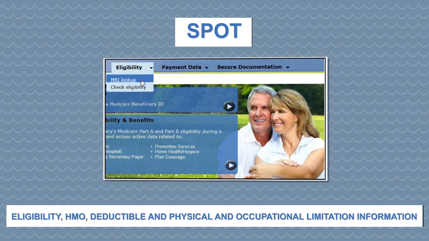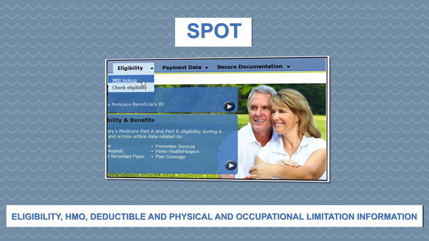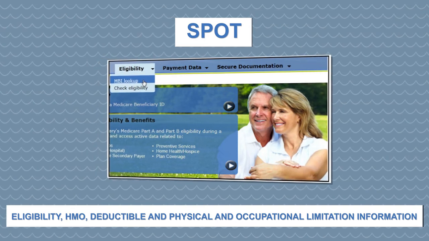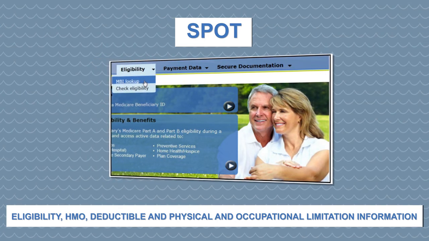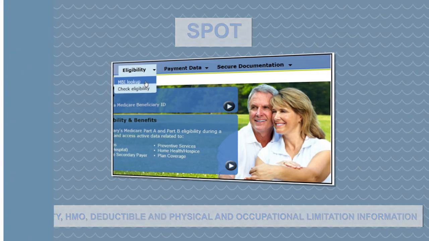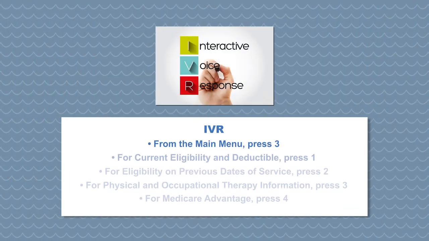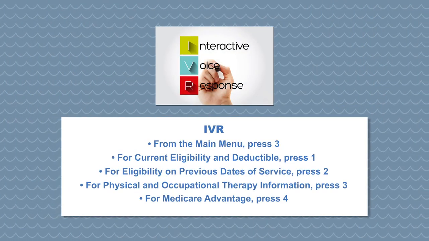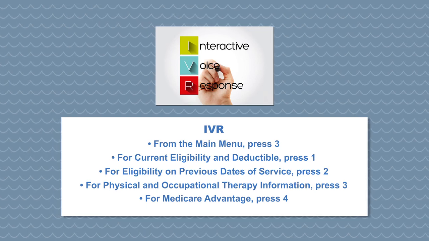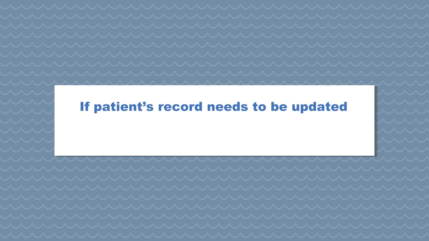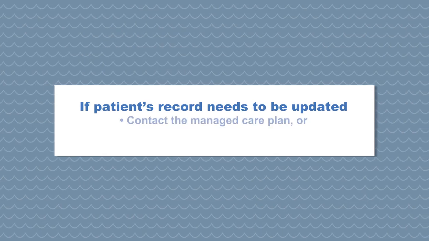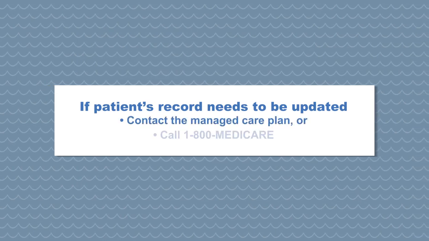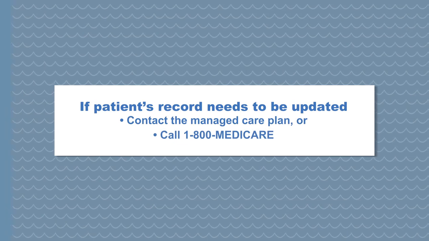If the patient has disenrolled from the plan, you'll also get the disenrollment date. And in that case, the patient's traditional Medicare benefits would resume on the first day of the following month. If there's any discrepancy or conflicting information, you'll want to reach out to the MA plan, the patient, or their representative regarding the discrepancy. And finally, if your patient's record needs to be updated, the patient or the representative needs to contact the MA plan or call 1-800-MEDICARE.